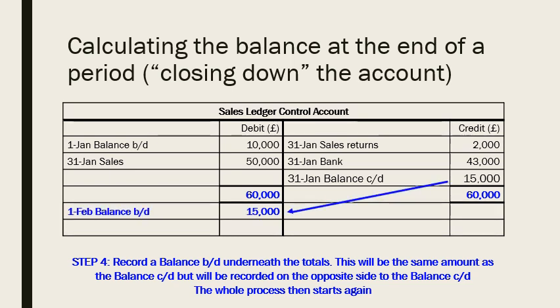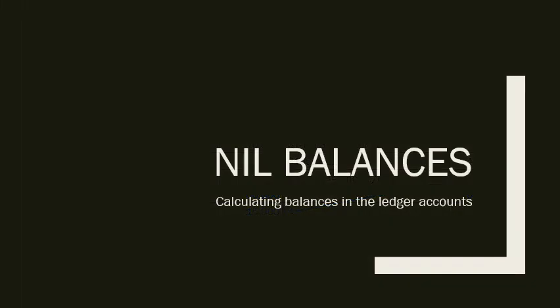So we'll record it on the debit side. We'll label that total of 15,000 as a balance brought down, not carried down but brought down, and it'll be dated the first day of the new accounting period, in this case the 1st of February.